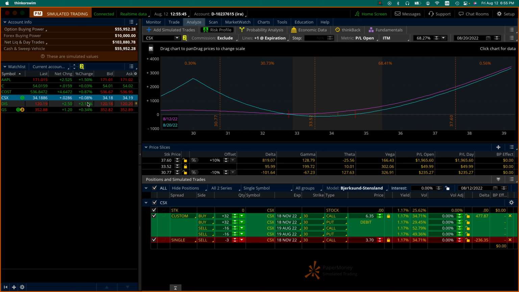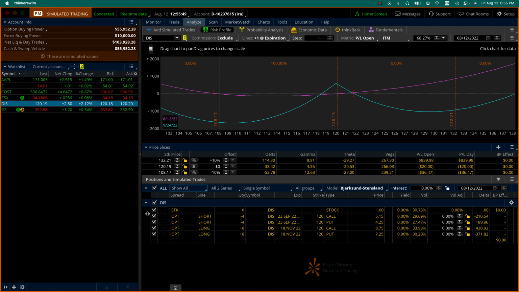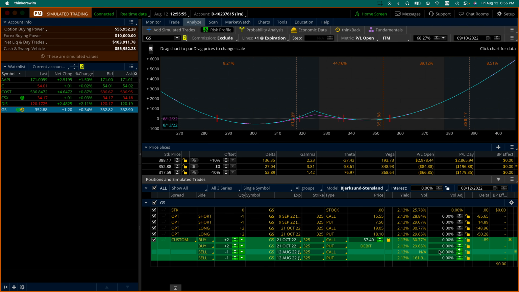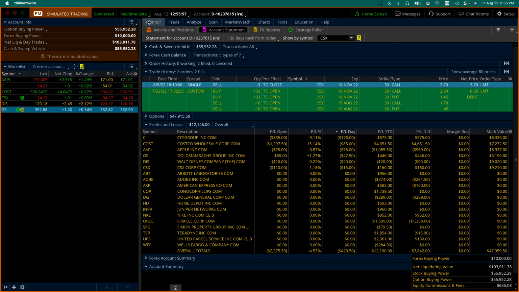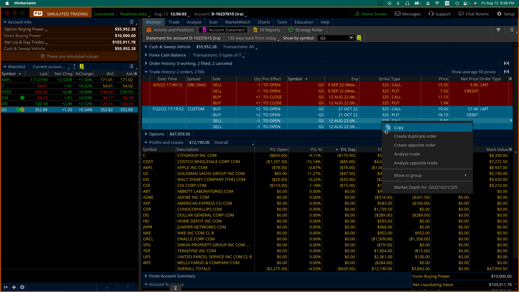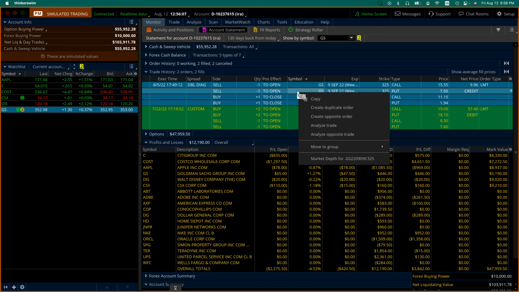Okay, let's do Disney, and that's the one we just entered. GS, Goldman Sachs. Okay, so I can add those two trades, analyze trade and analyze trade.